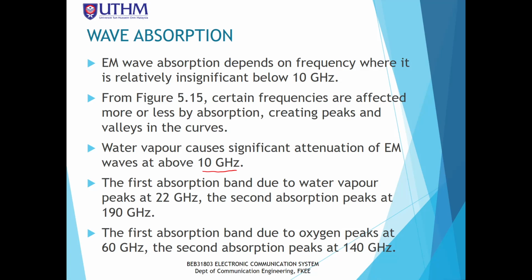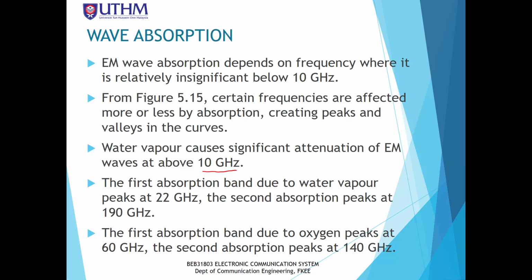I gave an example previously in class about the condition for Astro satellite television. If you remember last week, I said that Astro is a satellite television service which operates at gigahertz frequencies. So the frequency is larger than 10 gigahertz.